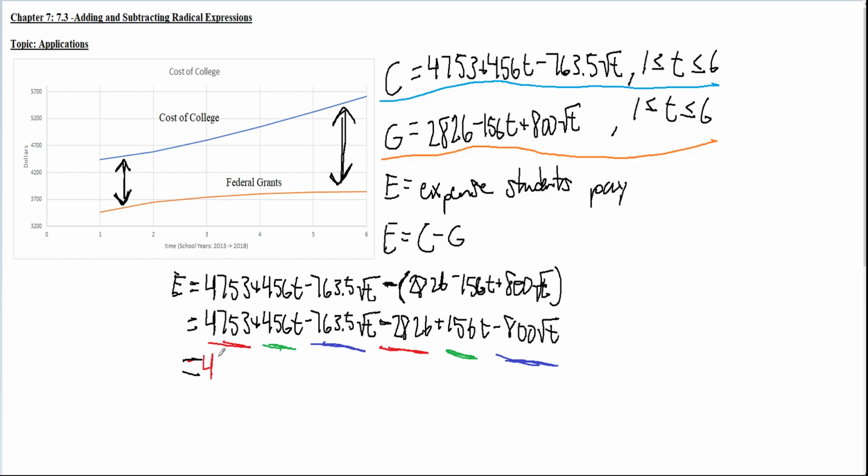I would have 4,753 minus 2,826. That's a little better.